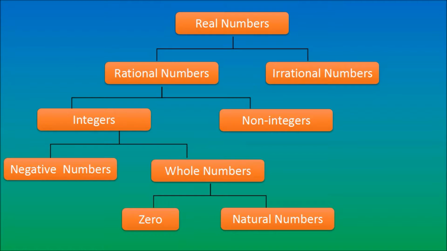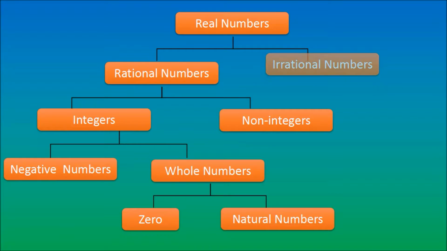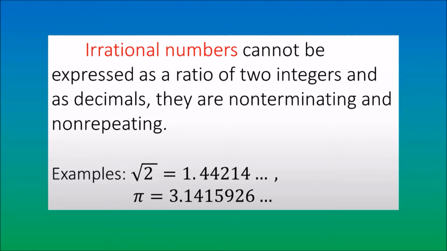The opposite of rational numbers are called irrational numbers. Irrational numbers cannot be expressed as a ratio of two integers, and as decimals, they are non-terminating and non-repeating. We have examples: the square root of 2, which is equal to 1.44214, and so on.